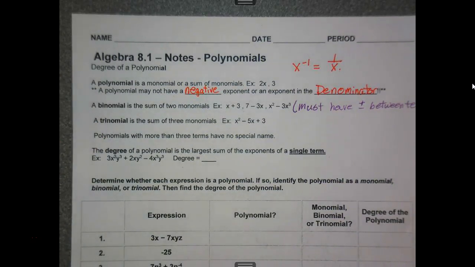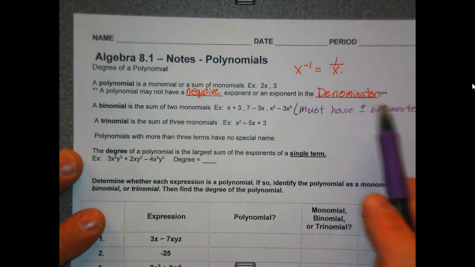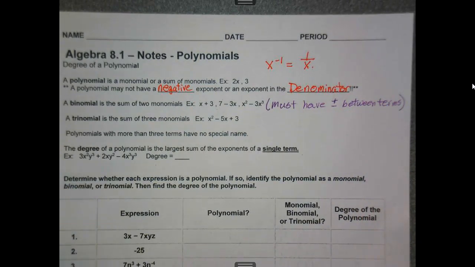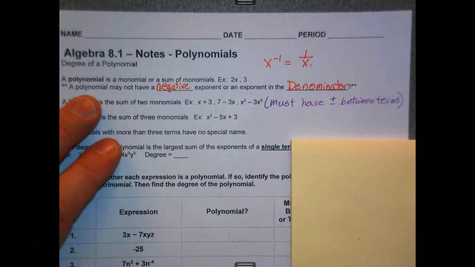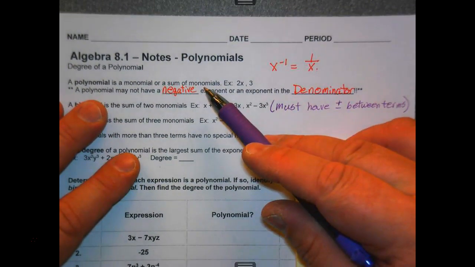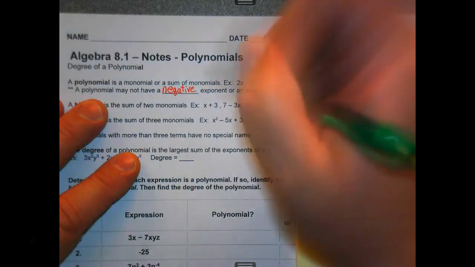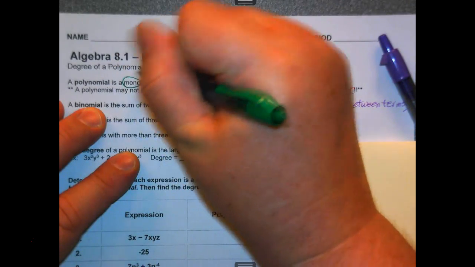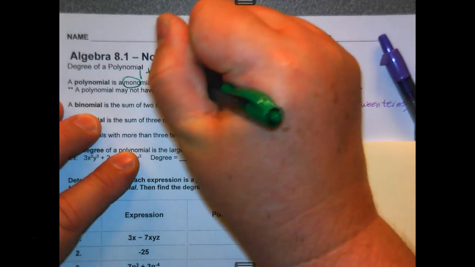Okay, now, you guys know what a term is? Yeah, okay, so a monomial is how many terms? Yeah, 1. Okay, mono meaning one term.